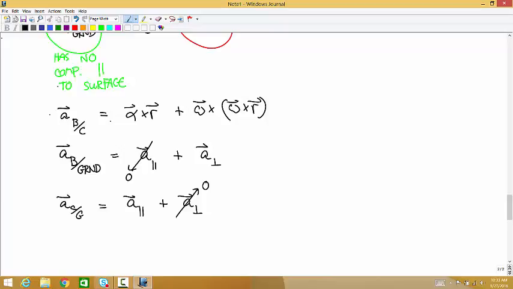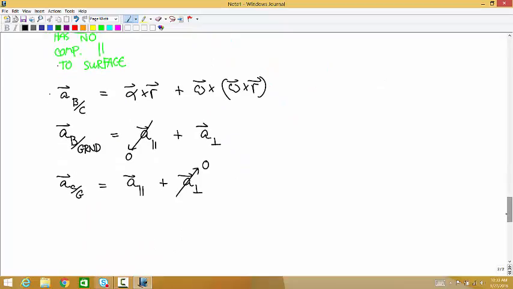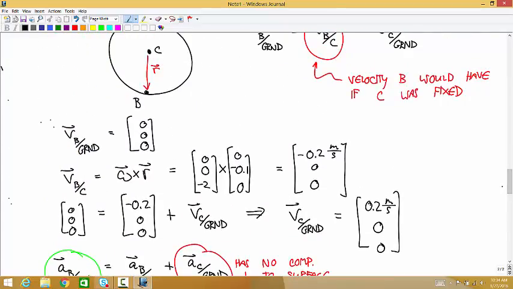Okay, and now we're solving for the acceleration of C relative to the ground. Sorry, this is so confused.